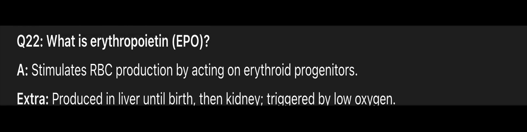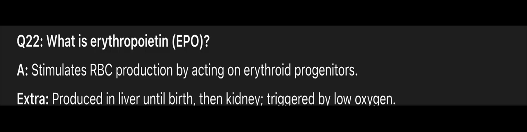What is erythropoietin, EPO? EPO stimulates red blood cell production by acting on erythroid progenitors. What is production of EPO triggered by? Low oxygen, or hypoxia.